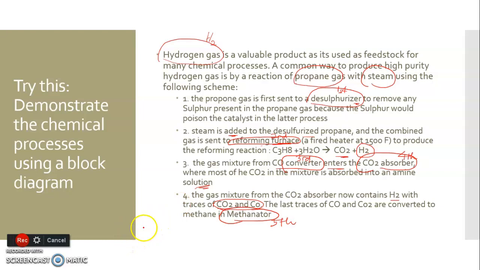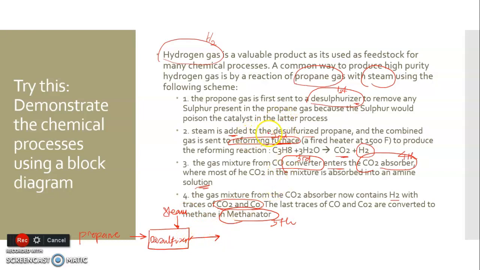So, for the first block I write here, we have propane gas, propane enters, what is the first block? Desulfurizer, right? And then we use steam, so you can put steam here. Then next, what does it say?